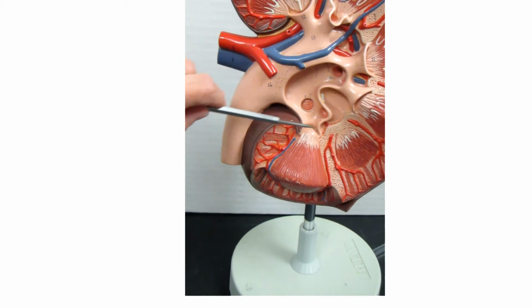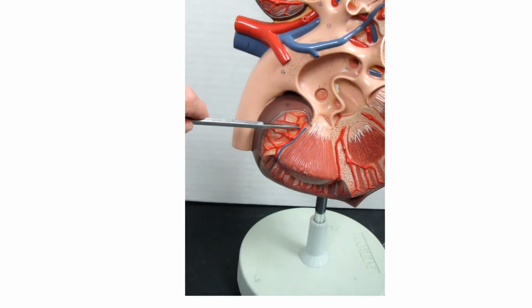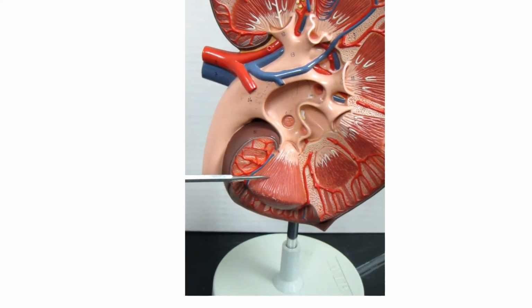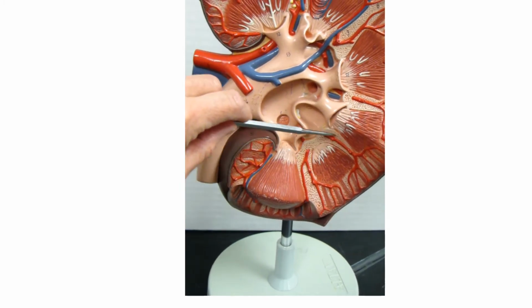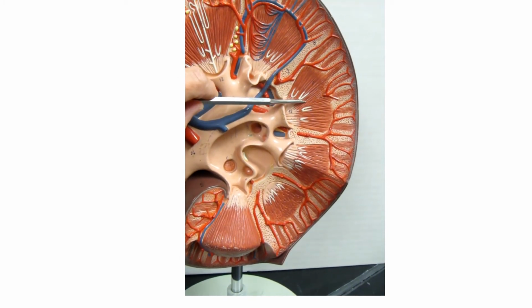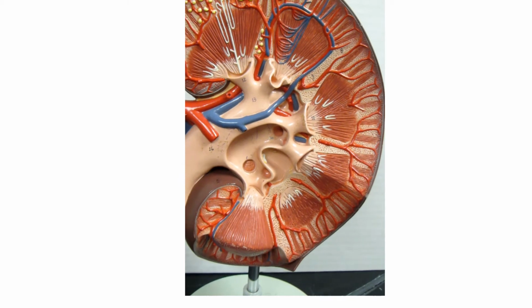Okay? And altogether, these make the renal medulla. And those little triads of tissue are repeated all through the kidney. So we have a renal pyramid, renal column, another renal pyramid, another renal column, basically all the way around the kidney.